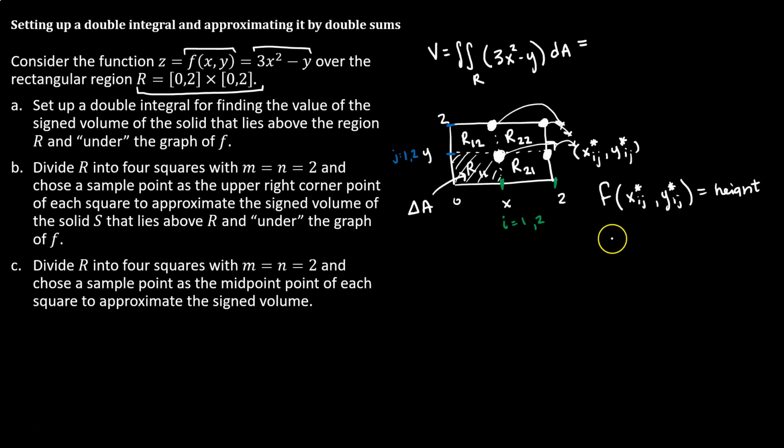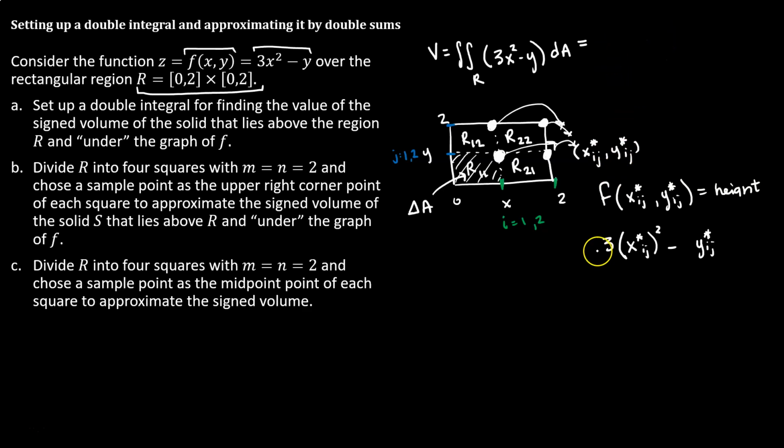If we plug that into the definition of our function, we get 3 times x star ij squared minus y star ij. And we don't need parentheses on that y one.